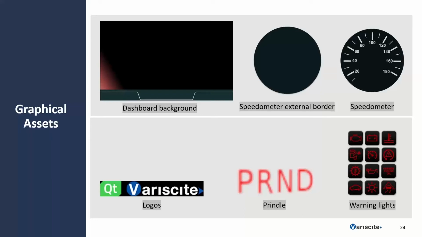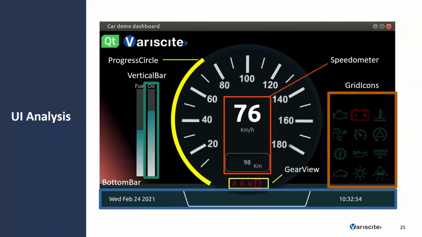So these are basically images that you need to identify in order to compose your final graphical GUI. This is not enough, however, because if we look at the image, we can see that there are parts of the GUI that are supposed to change.